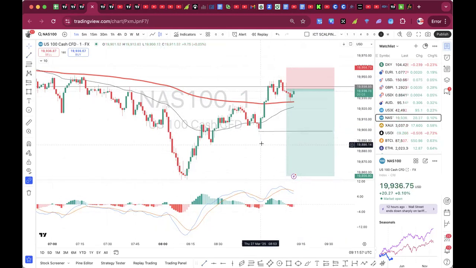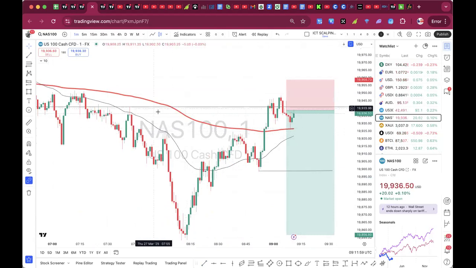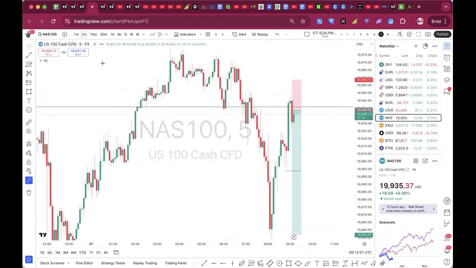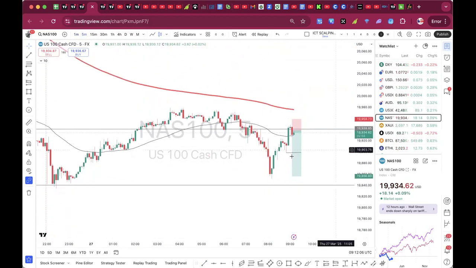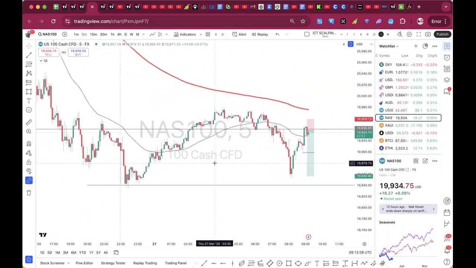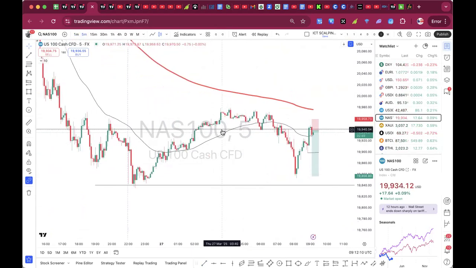As a scalper, you can sometimes run into problems because of market activities. Let's look at it here. This is 1 minute, this is 5 minutes, so a 5-minute trader.